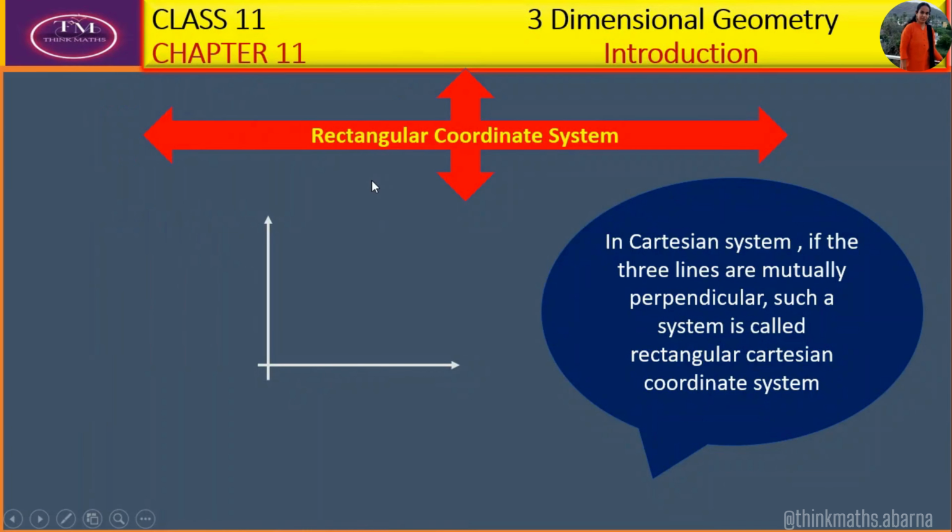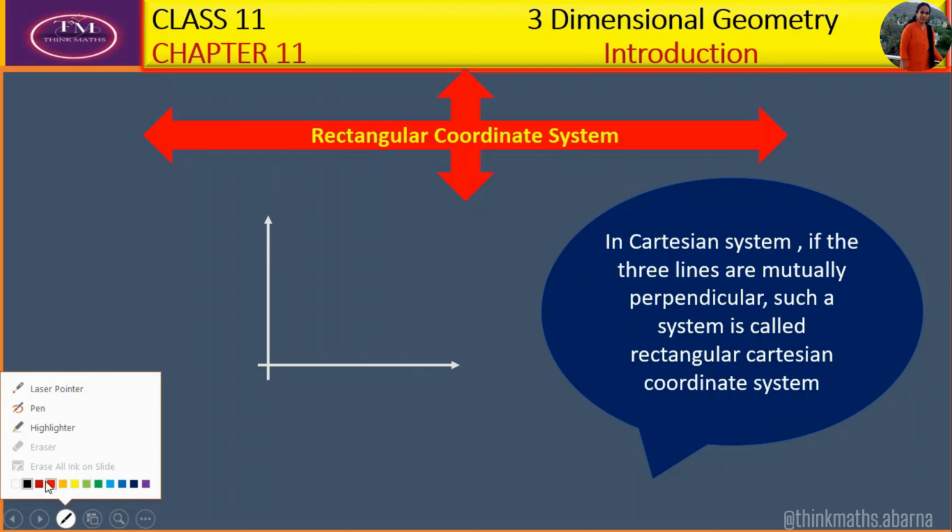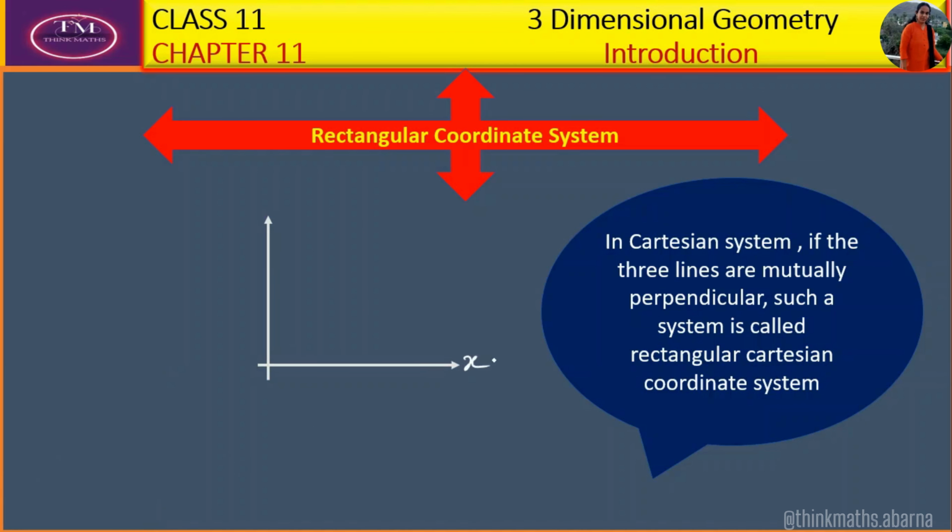Rectangular coordinate system. What do you mean by rectangular coordinate system? Here you have learned two-dimensional geometry with x-axis and y-axis. If you have the height, it is denoted by z-axis.